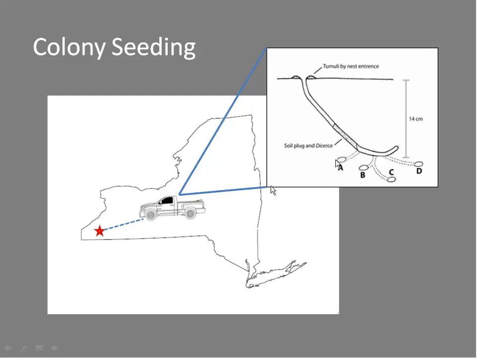I dug up these overwintering pupa, put them in a milk crate with some soil, and drove them out to Randolph, and I have buried them in the ground out there. So instead of trying to bring adults out, I've brought the larvae out, and the idea is that they will emerge late this June or in early July and just begin foraging. I brought sand and habitat that they like from where they are found, which hopefully should ensure that they remain in these nests in Randolph.